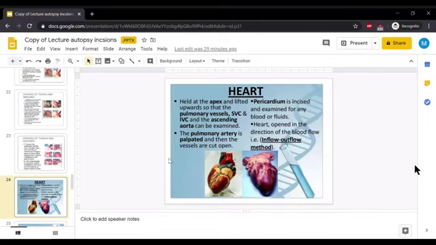To examine the heart, it is held at the apex and lifted upward so that the pulmonary vessels, superior vena cava, inferior vena cava, and ascending aorta can be examined.